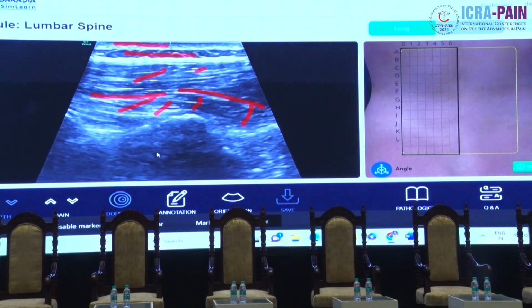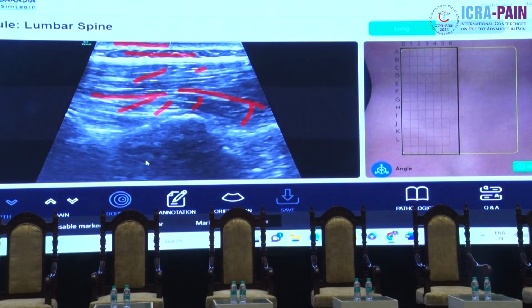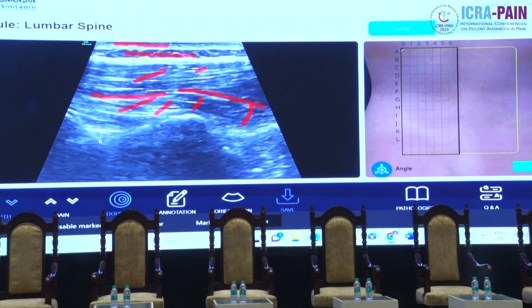This is known as posterior complex. In the posterior complex, most superficial is your ligamentum flavum, and then there will be a gap. This hypoechoic area is your epidural space, and then this is your posterior dura. So this whole thing is known as posterior complex. Okay?